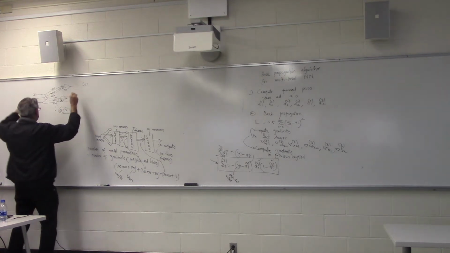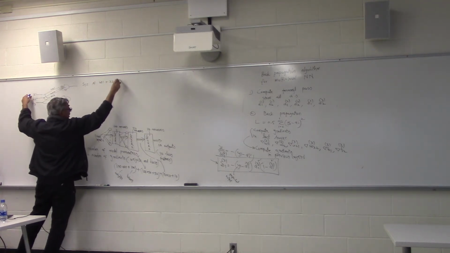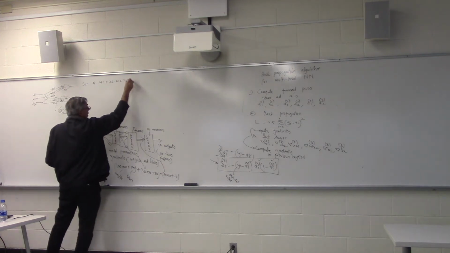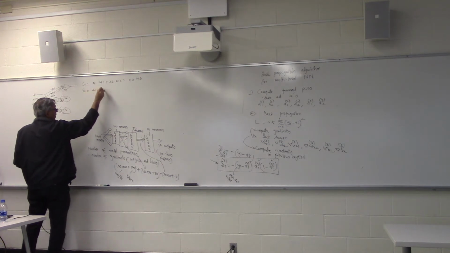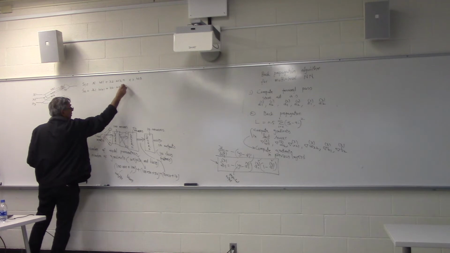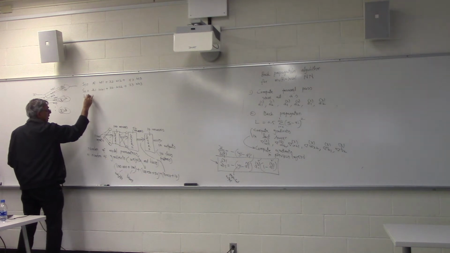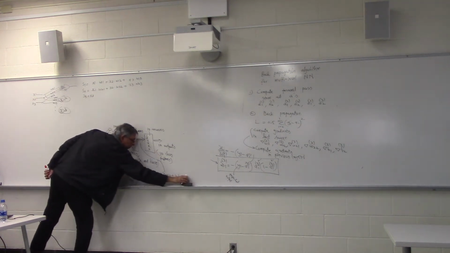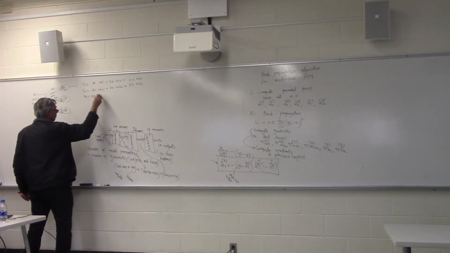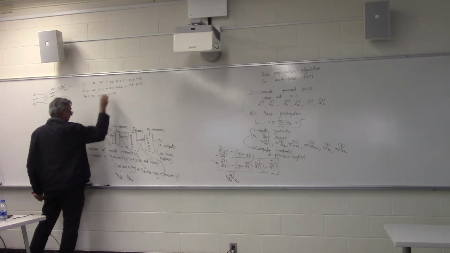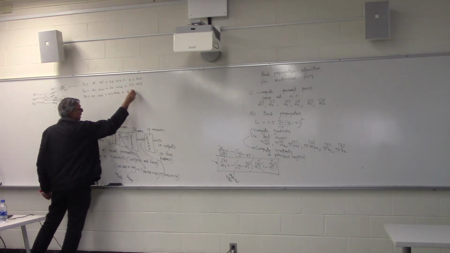So S1 will be X1 times W11 plus X2 times W12 plus X3 times W13, and very similarly X1 times W21, X2 times W22 plus X3 times W23, and X1 times W31 plus X2 times W32 plus X3 times W33, right?